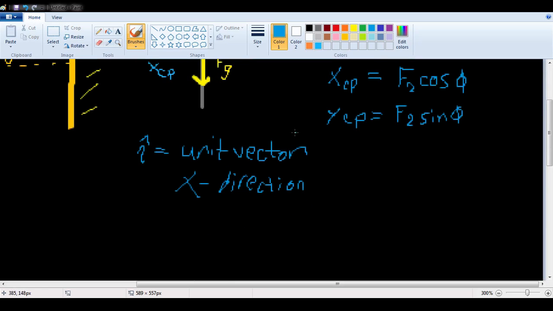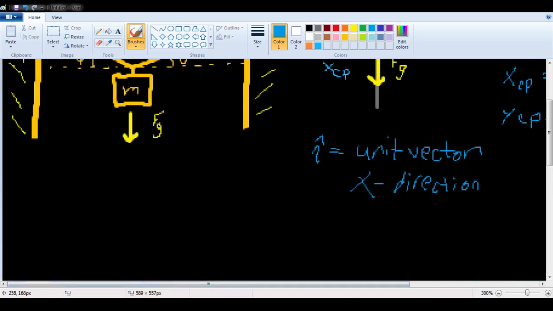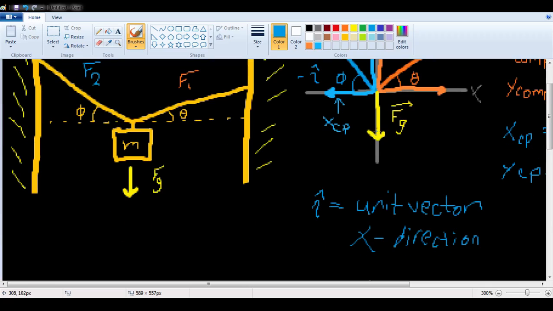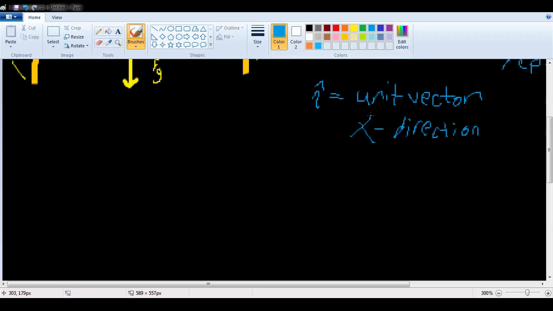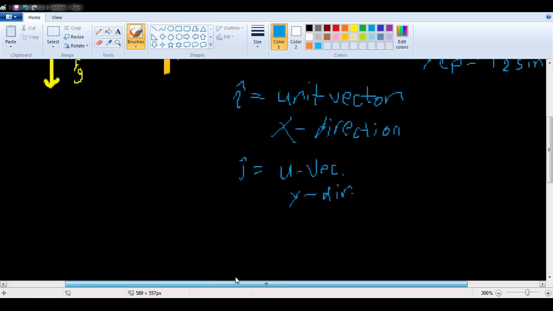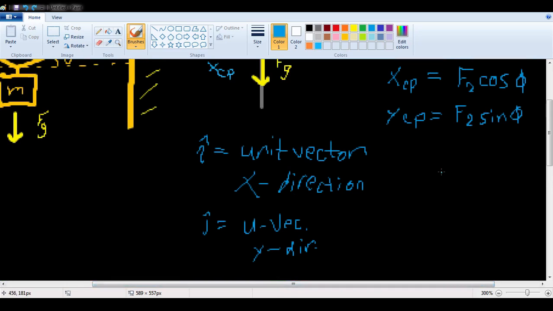And just to fill in this little piece of information here, i hat is the unit vector in the x direction. You also have j hat, which is the unit vector in the y direction. I'm abbreviating all this because I don't feel like trying to write it out.